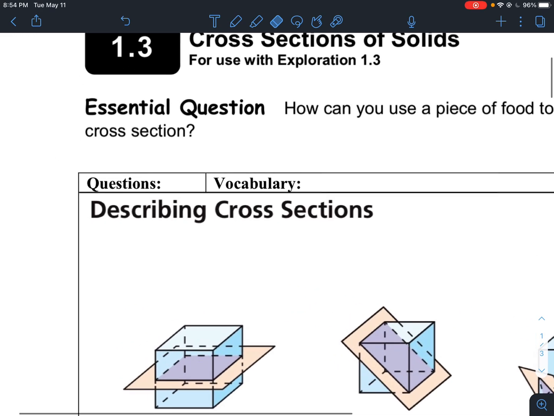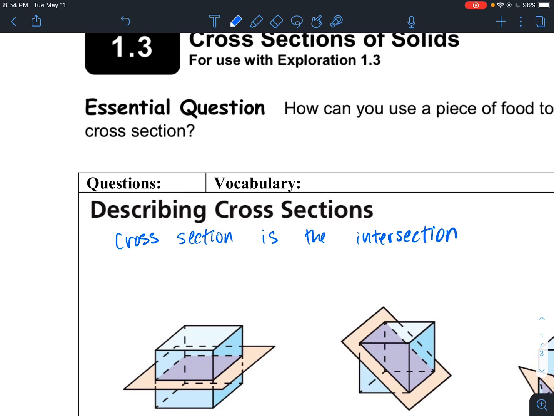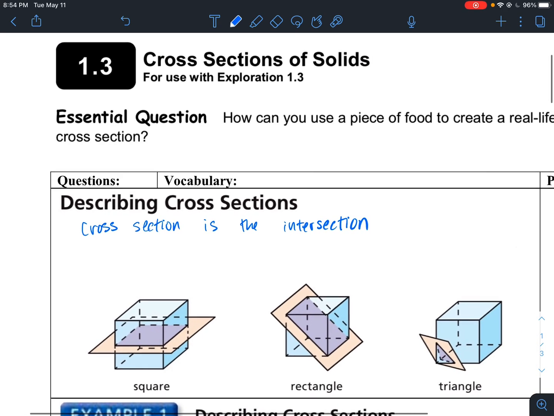A cross section is the intersection of the plane and the solid.